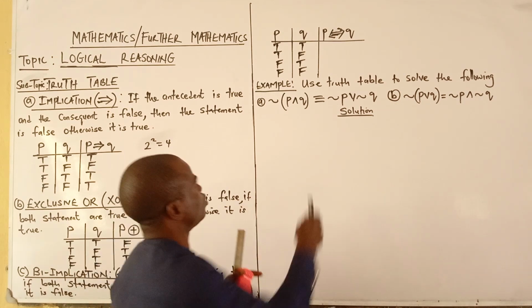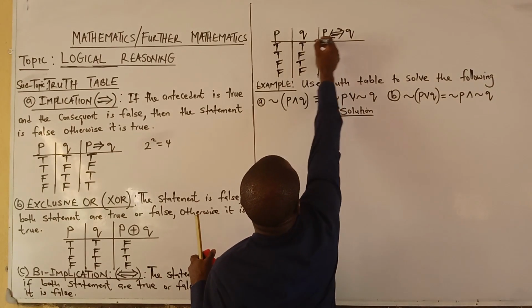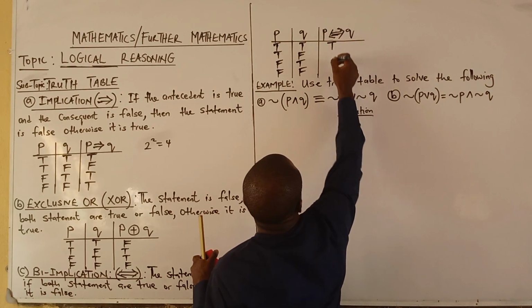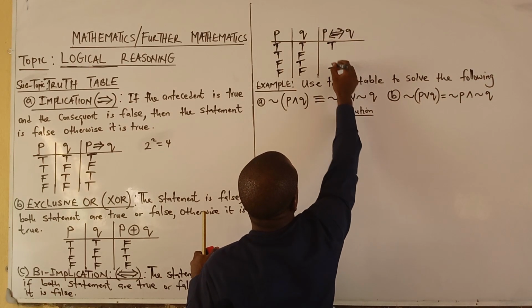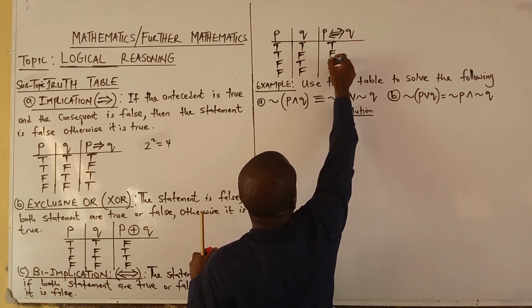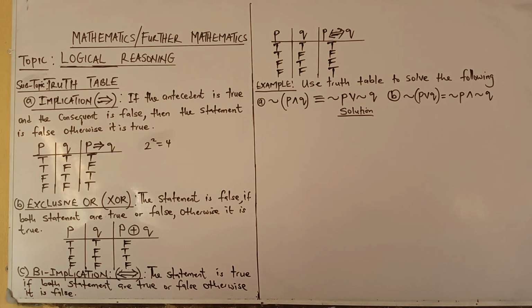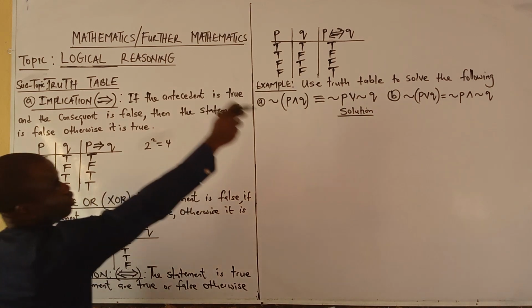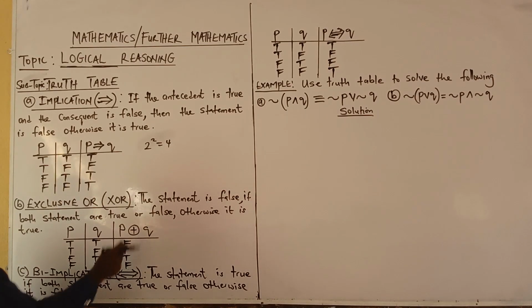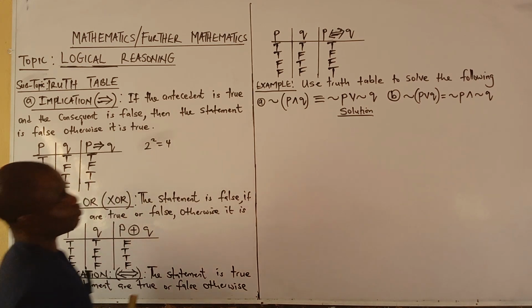See, they are both true, it is true; they are both false, the statement is true; otherwise it is false. You can just see that where you have false false in exclusive OR, you're having true true, and where you have true true, you're having false false in bi-implication.